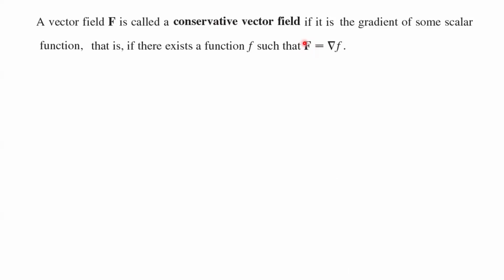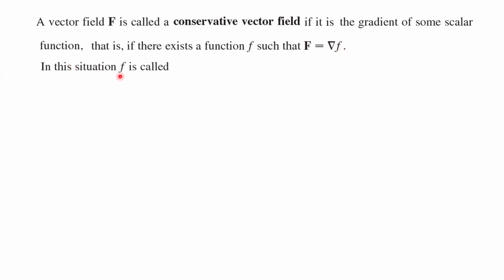So on the left-hand side, you have a vector field, and on the right-hand side, you have the gradient of f. And as you remember, when you're calculating the gradient of a scalar function, it is a vector function.